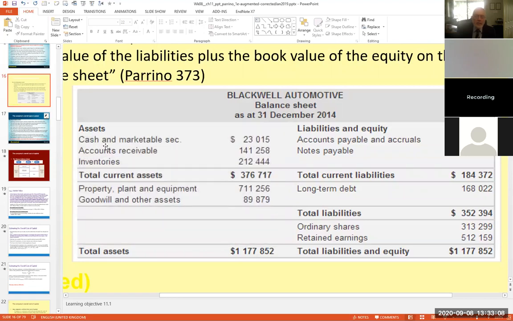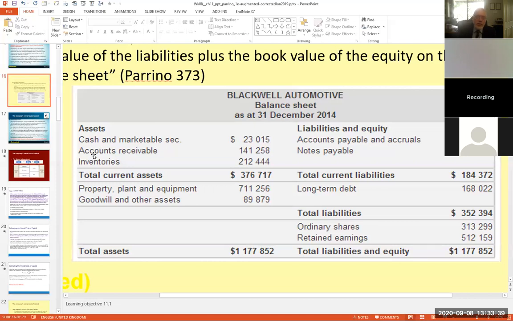Here we have the assets. Typically, the assets are split into current assets or working capital assets and capital assets. So we've got working assets, current assets, cash in the till, marketable securities, so things you can just go out and liquidate, sell, and you end up with a return, let's say in 24 hours.